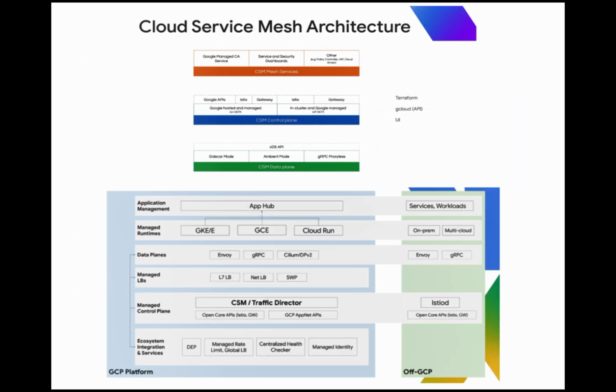All right, now let's try to understand what this Cloud Service Mesh is. You already understood the architecture of the two different service mesh offerings by Google. One is Traffic Director, another one is Anthos Service Mesh. So what is Cloud Service Mesh?